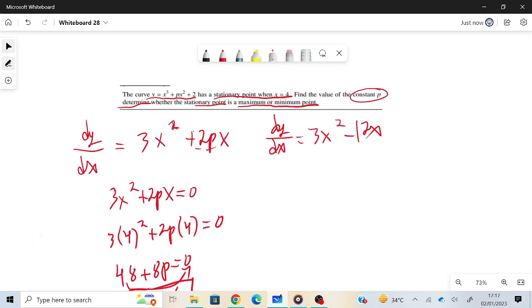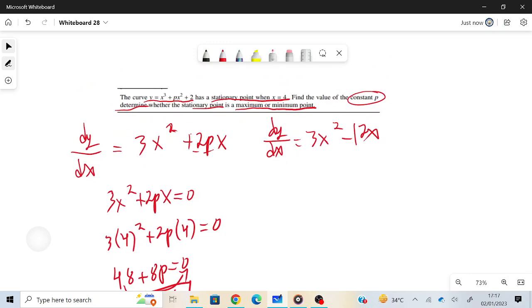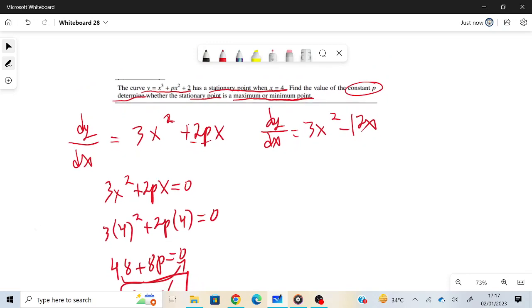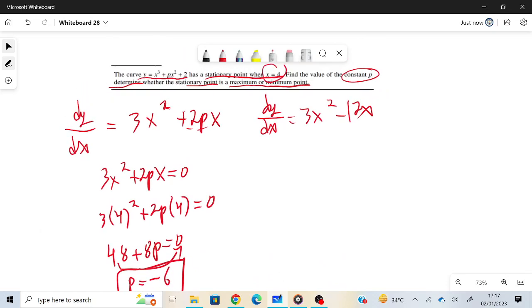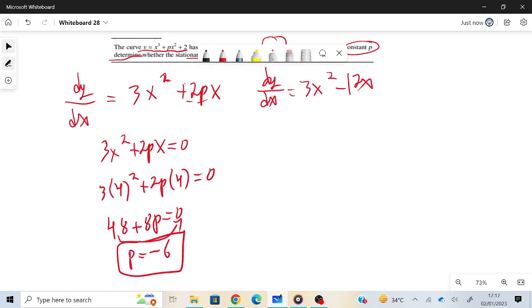Now, the second part of the question said determine whether the stationary point is a maximum or a minimum. We know that our x value that we were using is 4. So let's get our second derivative first. d squared y over dx squared would give you 6x minus 12.